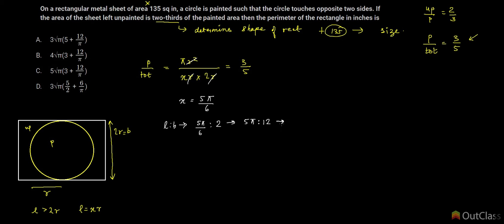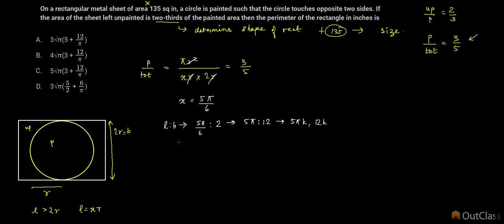Let the actual length and breadth be 5 pi k and 12k. Now we're going to bring in the area of 135. This is where we have dealt with the shape. Shape is known to us. Now we're going to incorporate the size and then use that to find the perimeter.